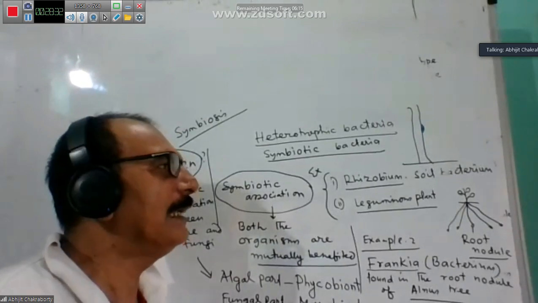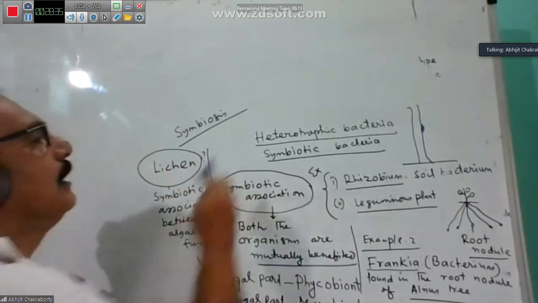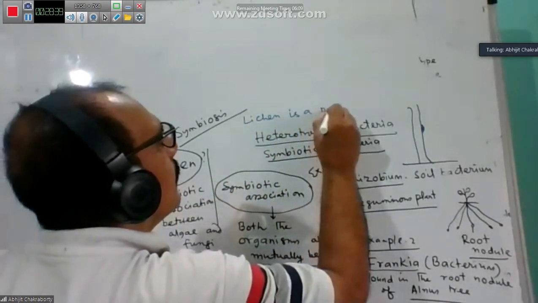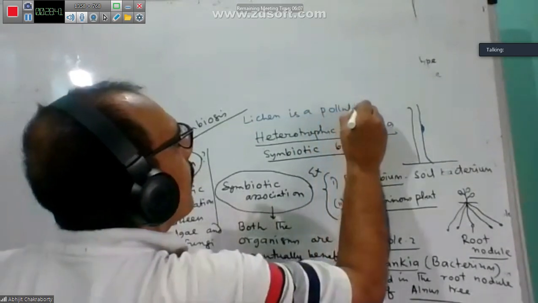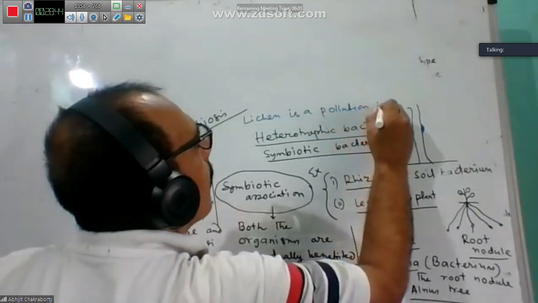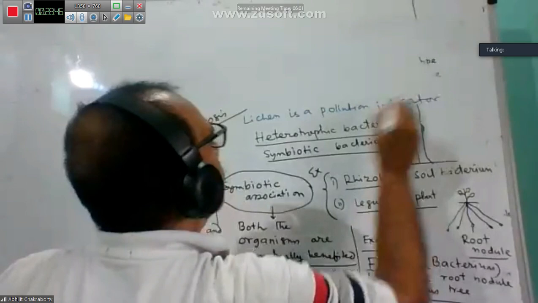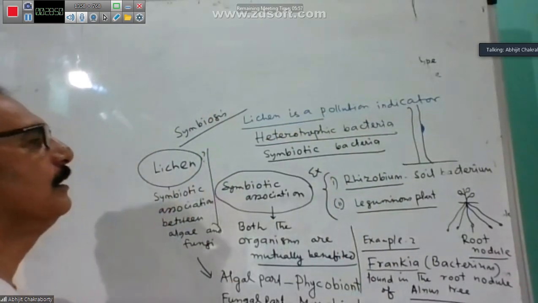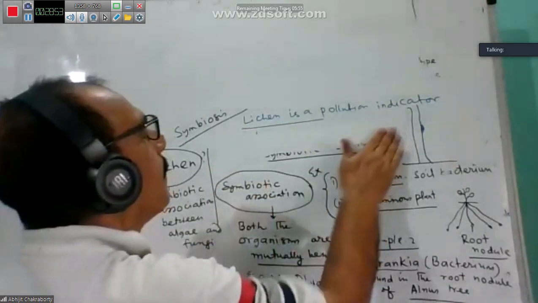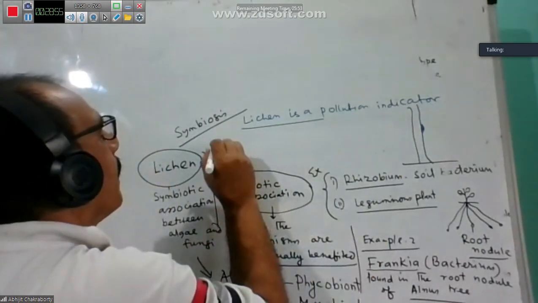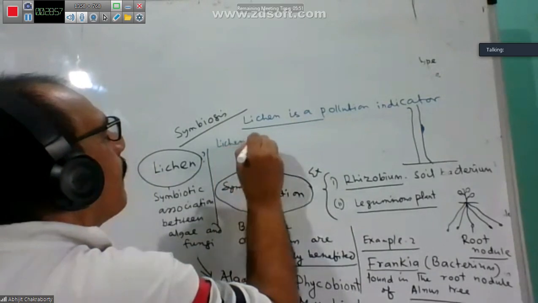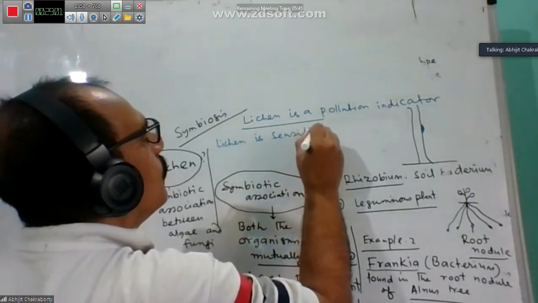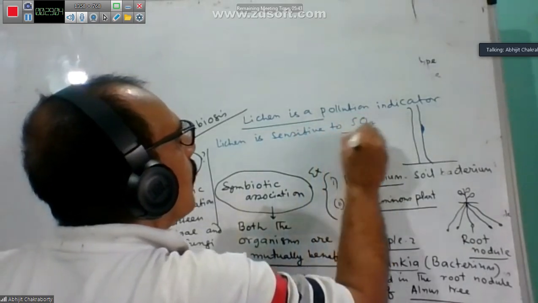And lichen is a pollution indicator also. What type of pollution? Mostly sulfur dioxide pollution. That means it is sensitive to sulfur dioxide.